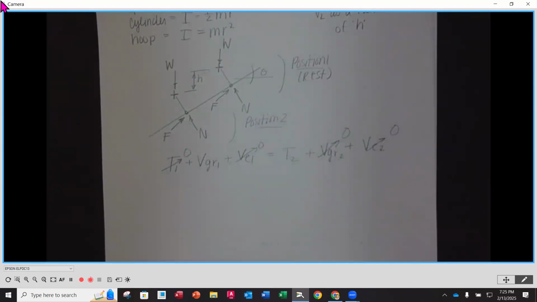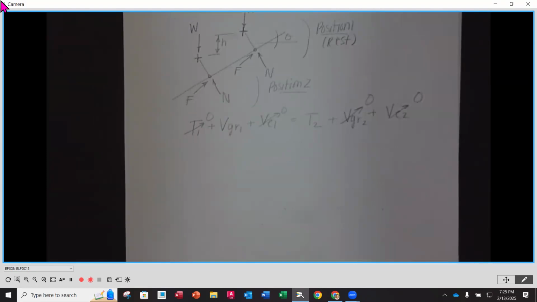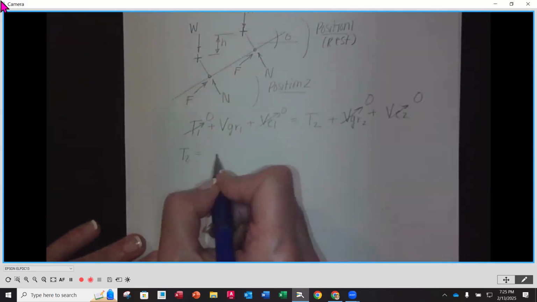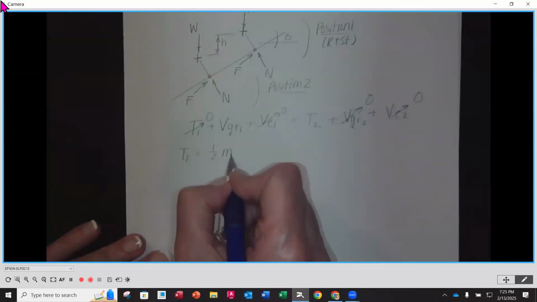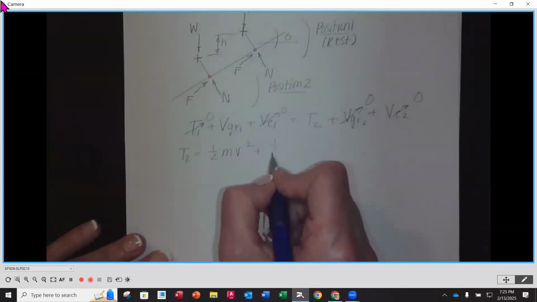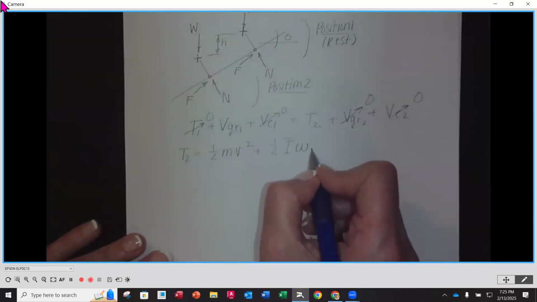So let's look first at the kinetic energy T2, because that's the one that we're most used to. T2 is going to be equal to 1/2 mv squared plus 1/2 moment of inertia times W squared.